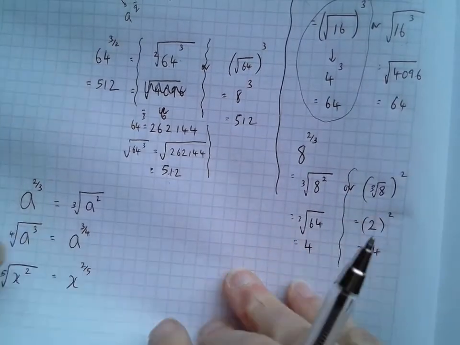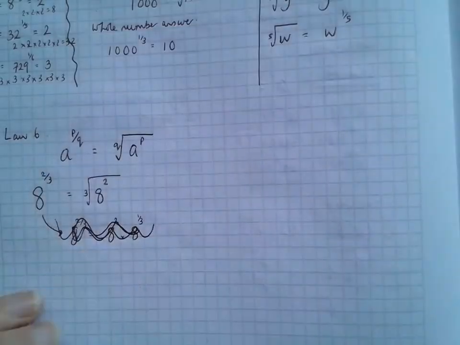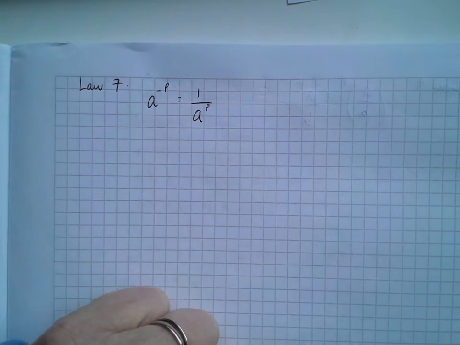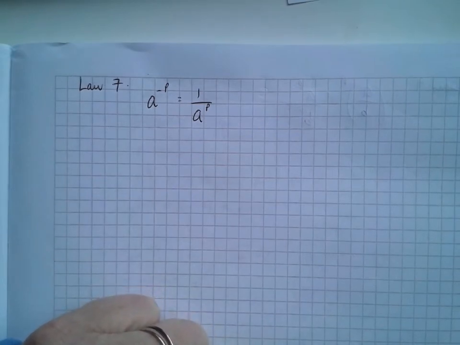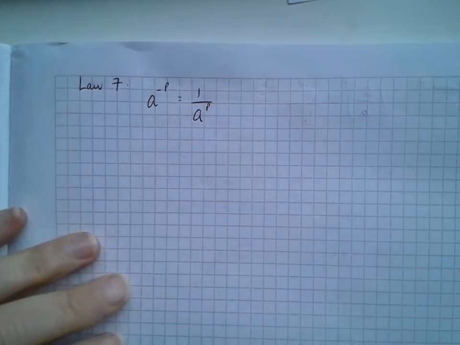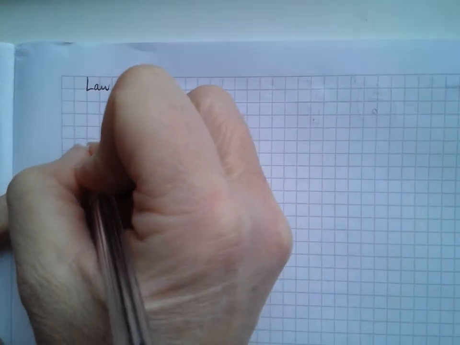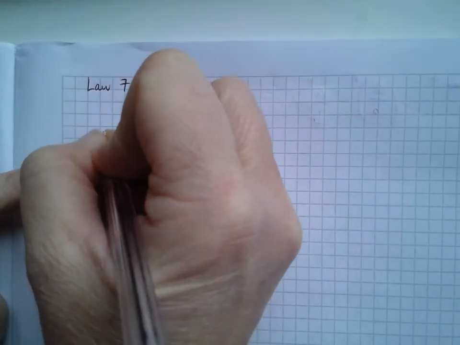Now, that's law 6. Law 7 over here. A to the power of minus p is equal to 1 over a to the power of p. So how does this look with numbers, first of all? We've got something like 2 to the power of minus 3.